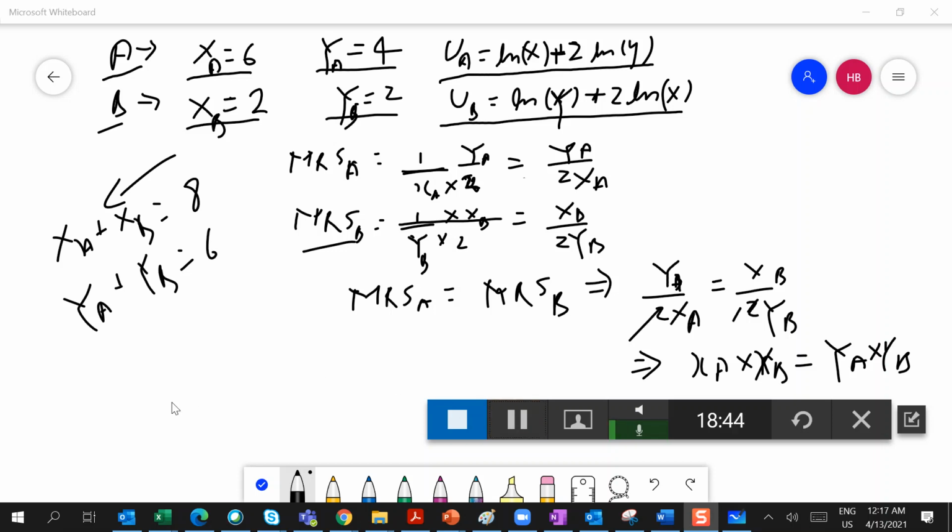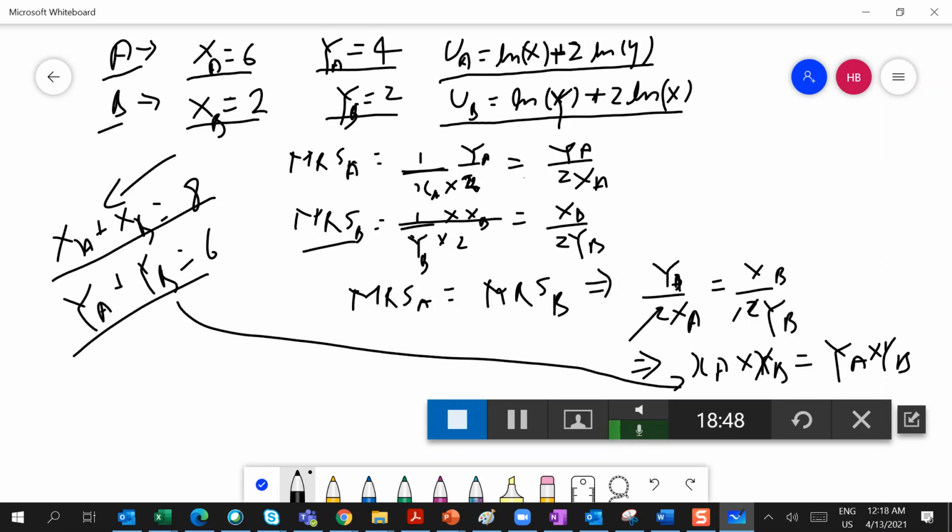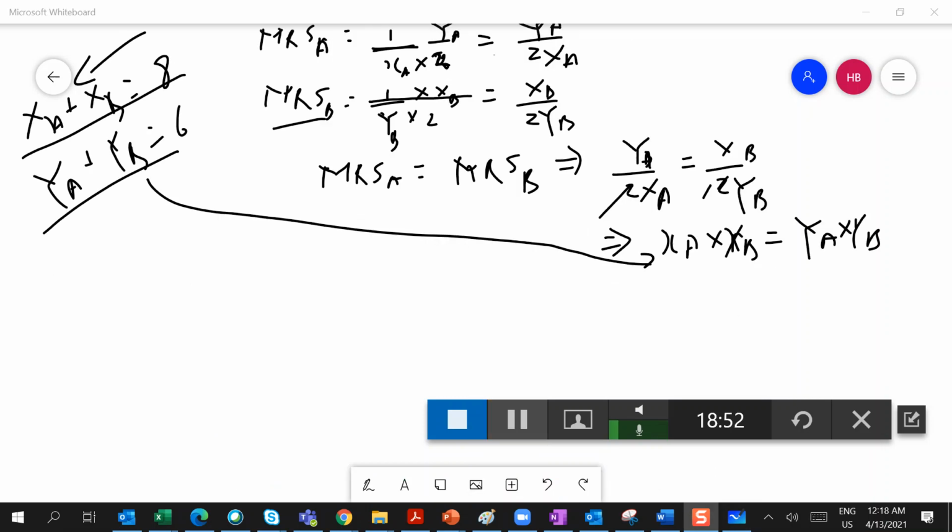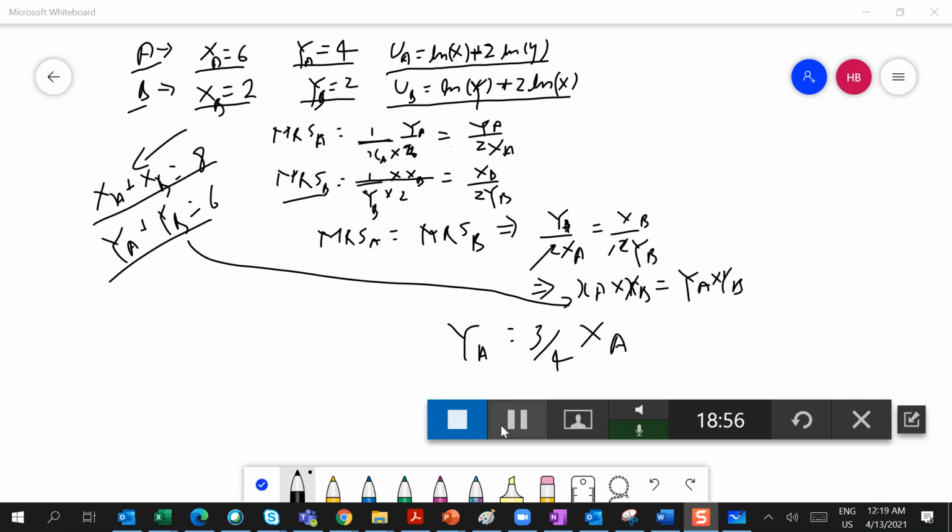So now we will put these two equations into this, feed it here and derive the contract curve. Just solving these two, we will get something like YA is equal to 3 by 4 XA.